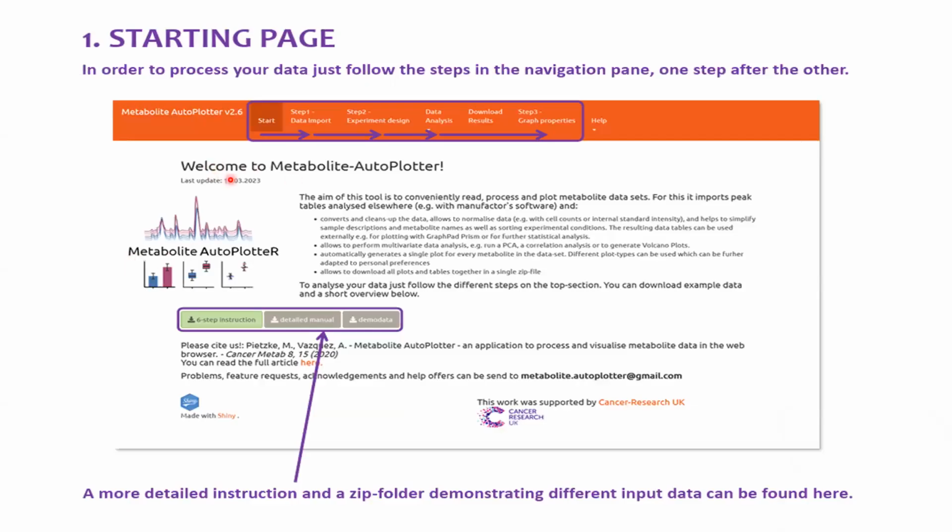It has 7 steps, which I will explain on the next slide. You can see on the web page there is a detailed manual that allows you to go through and understand how to use this software package.